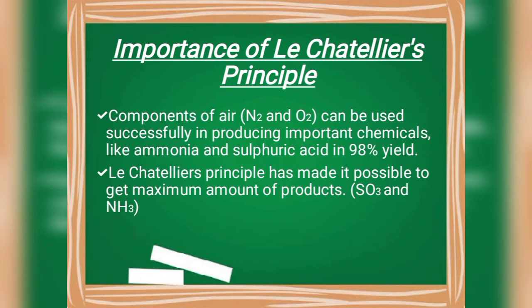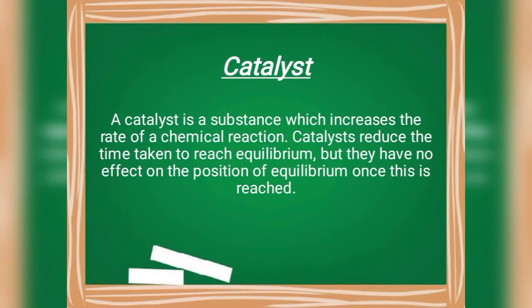With the help of this principle, we can get 98% yield. N2 and O2 components of air can be used successfully in producing important chemicals like ammonia and sulfuric acid in 98% yield.